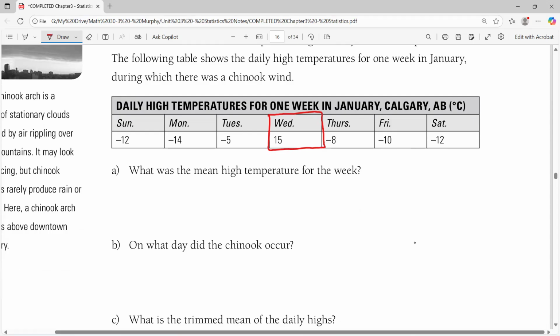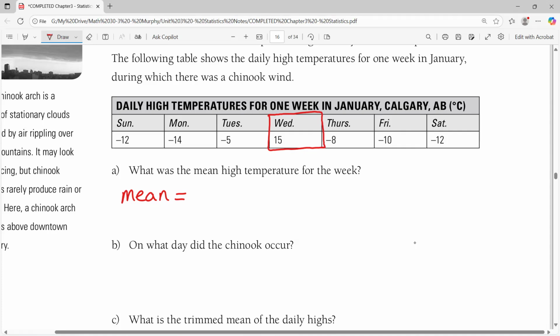Okay, so we're going to take these and add them up and divide by 7. So -12, -14, -5, 15, -8, -10, and -12.